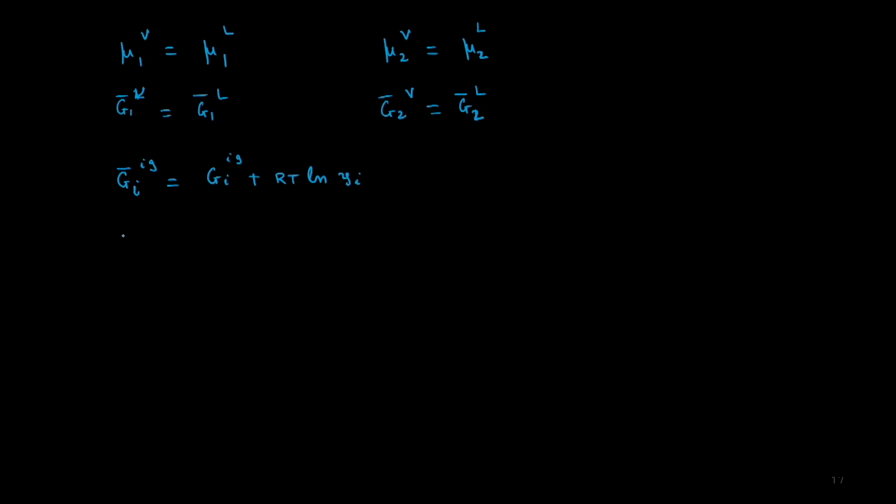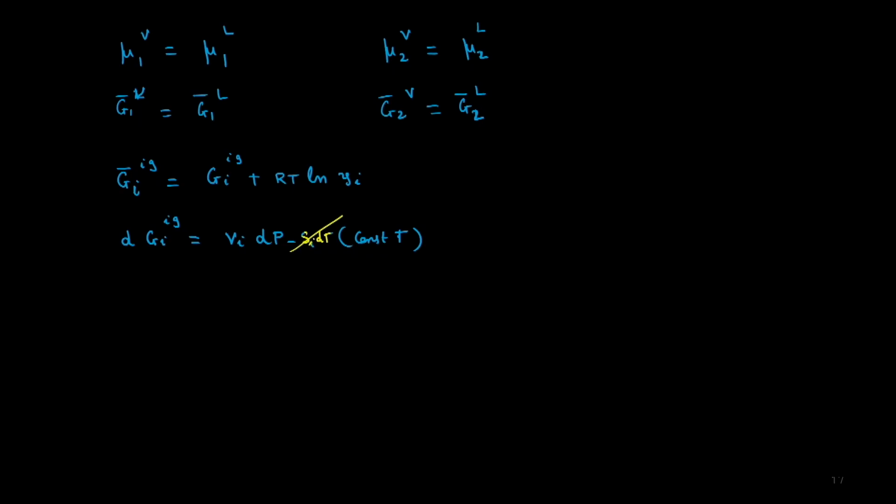Now, if you recall, the derivative of Gi^ig is Vi dP. This is at constant temperature. In general, it is Vi dP minus Si dT, but at constant temperature, this term drops out and it is simply Vi dP.